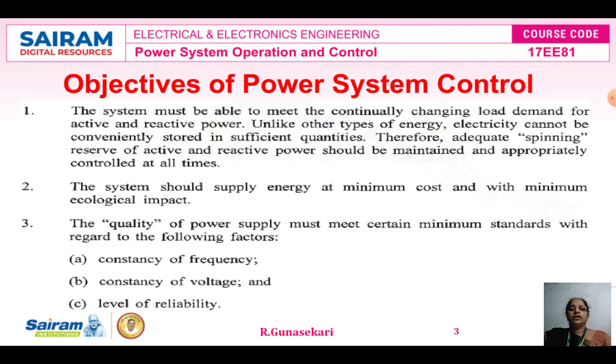The first point is that the system must be able to meet continually changing load demand for active and reactive power, because the industrial load consists of both active power and reactive power. Electricity cannot be conveniently stored in sufficient quantity, and the demand for electricity increases day by day.